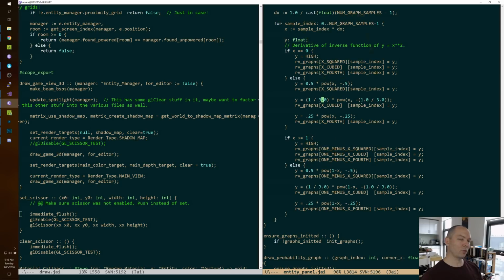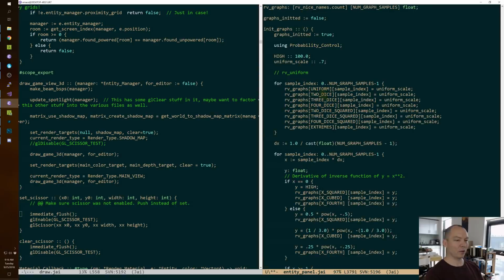So for 2 dice, we're going to do a histogram. I know what the analytical solution is for 2 dice. 3 dice and 4 dice, I would probably fudge with Gaussians.